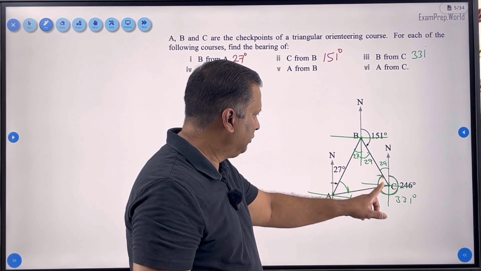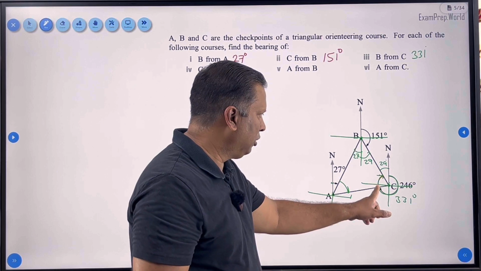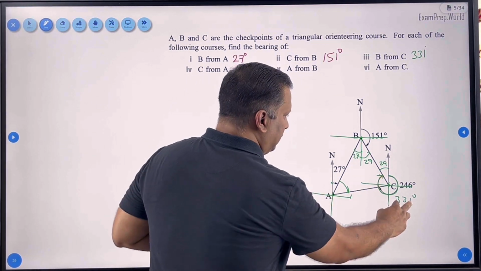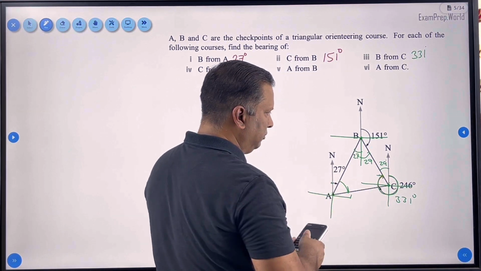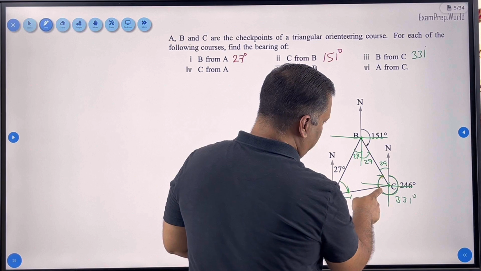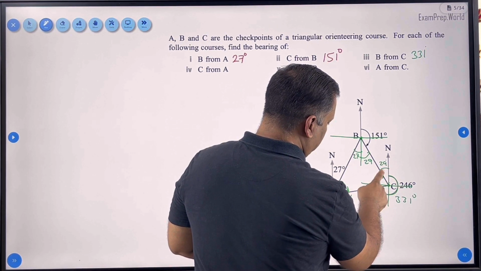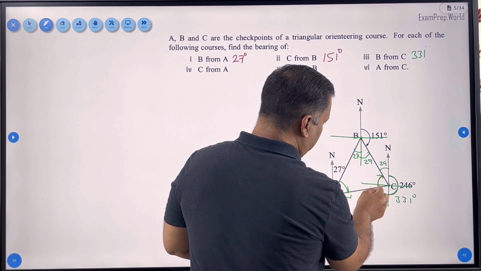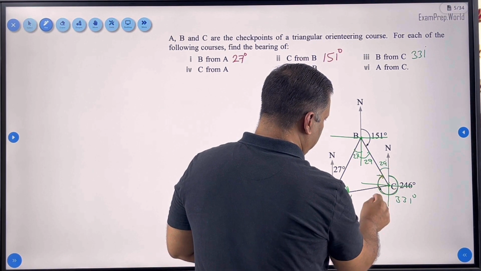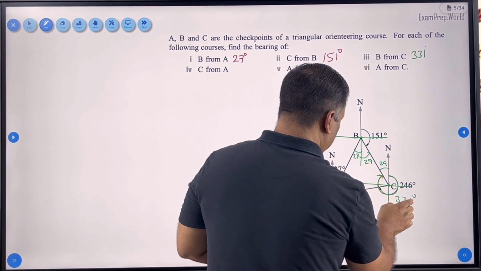So we know the total of this angle, and we will get to know the total of this angle. So let us see how much it is. 331 plus 29. No, okay. This is 360. This whole angle is how much? 246, 331, 29.